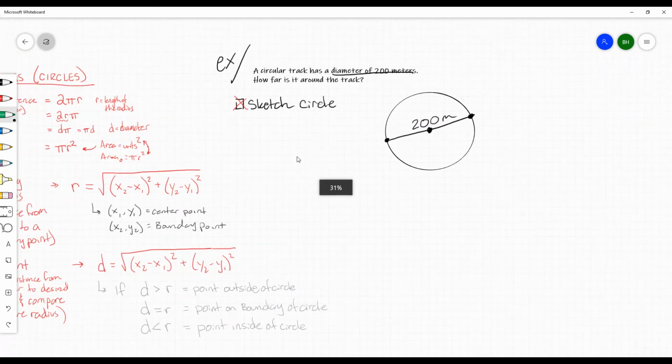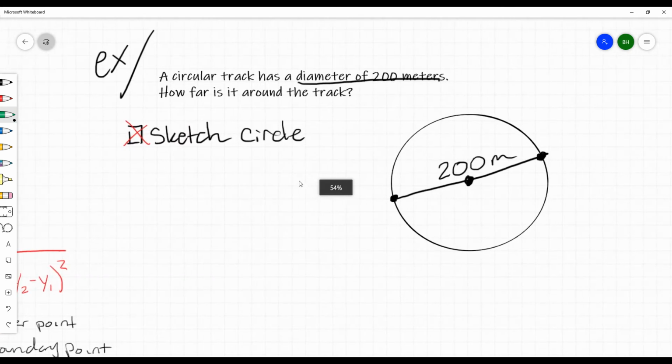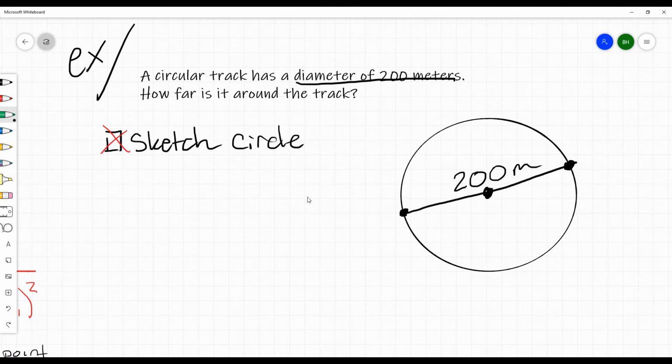Now, we need to start understanding what the question actually asks us. So I'm going to zoom in a little bit. It wants to know how far around the track is. So I'll take my red pen here. How far is it around the track? Well, let's think to ourselves what's around the track.